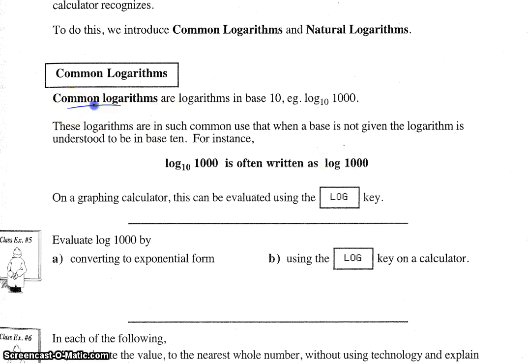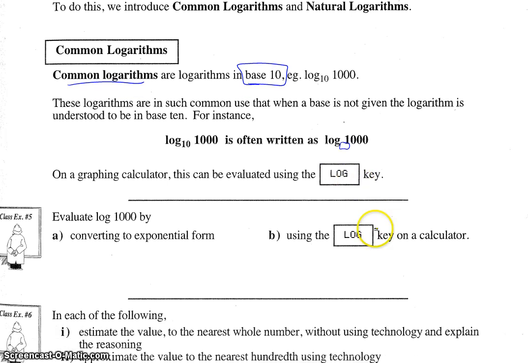Okay, so if you hear someone mention common logarithm, that means base 10. Or if you don't see a base on your log, you assume it to be base 10. And the cool thing about common logarithms, or log base 10, is there's actually a key for that on your calculator, and that's the log key, and that means log base 10 on your calculator.